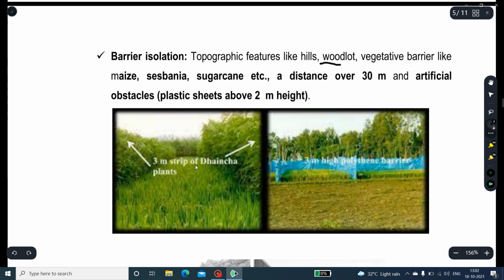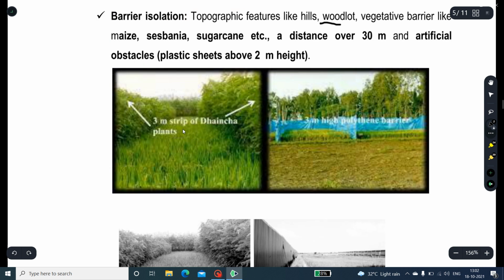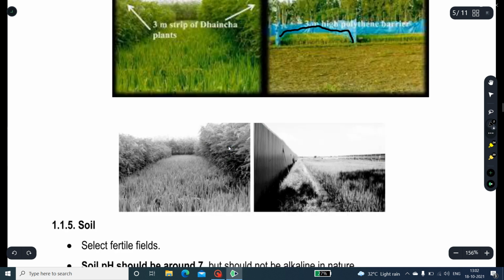It depends upon the crop we are growing. And here a 3 meter strip of a tall plant is grown, and here polythene sheets covering 3 meters in height act as a barrier from field to field.